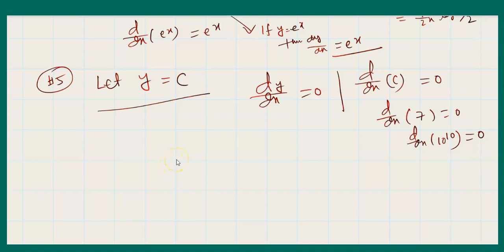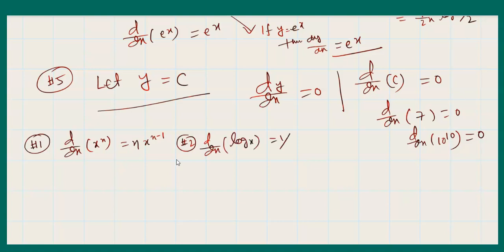Now by knowing this set of 5 formulas, I just remind you, number 1 was ddx of x to the power n, it is nx to the power n minus 1. Formula number 2, it is ddx of log x equal to 1 by x. Formula number 3, learn it by heart, ddx of a to the power x.